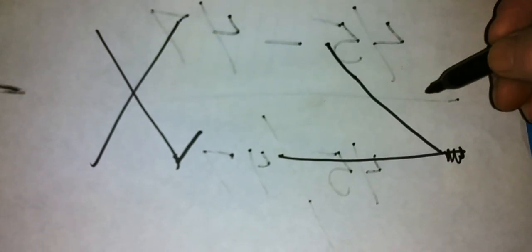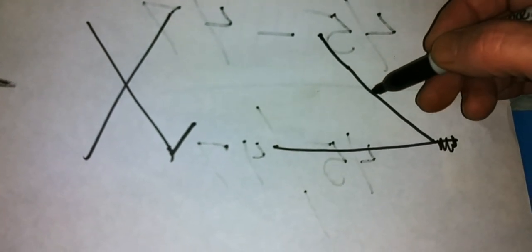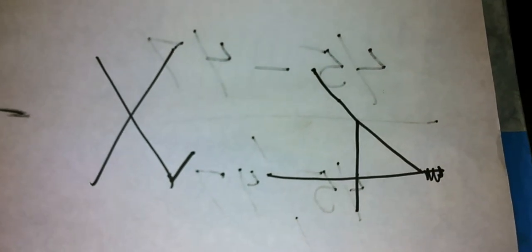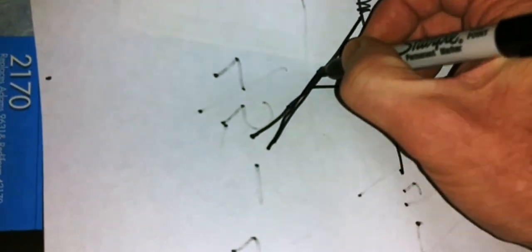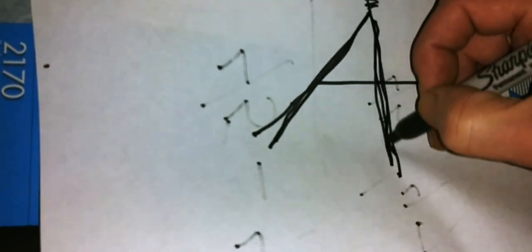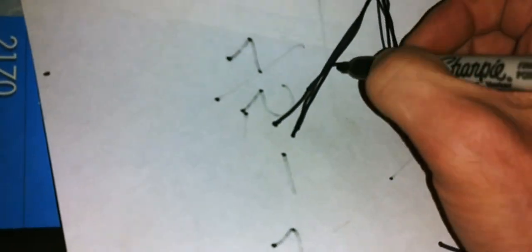And then what we will do is go like that, okay? So basically, it looks as though we have a letter A with a slanted, yeah, okay?